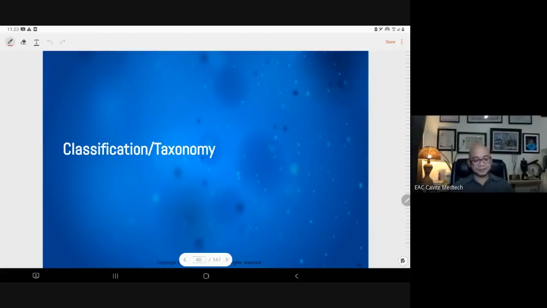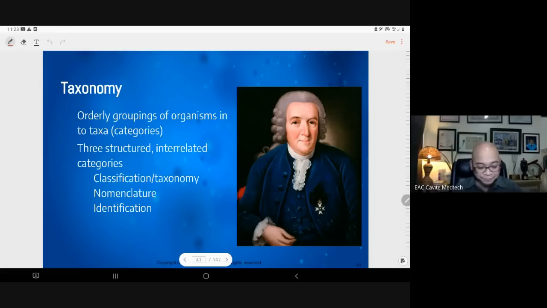Okay, so let's now discuss classification or taxonomy. Taxonomy is the systematic way or the orderly grouping of organisms into taxa or categories.